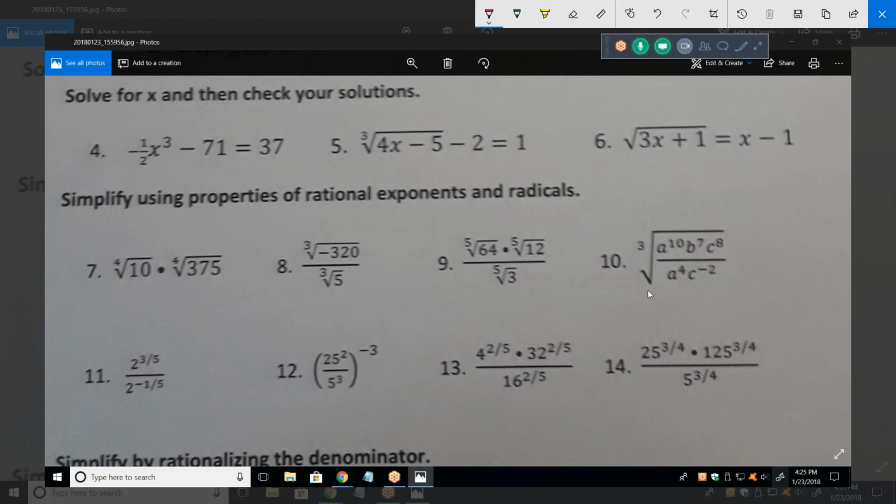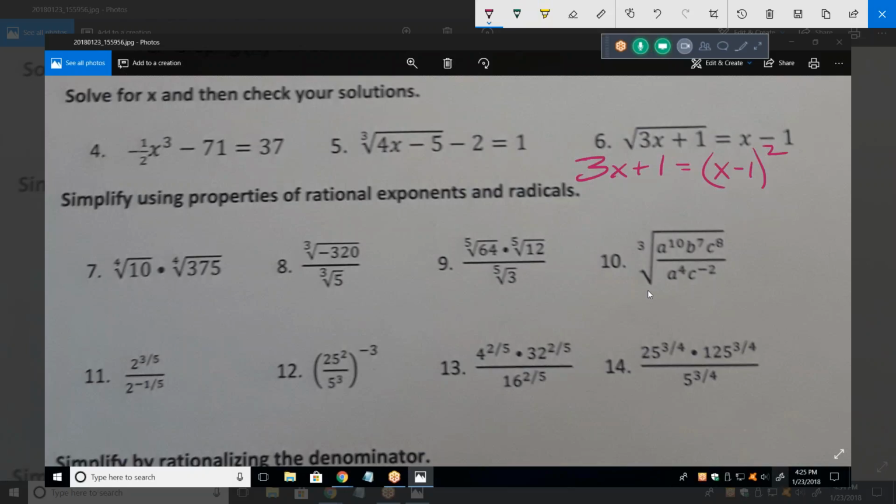Now tell me what the next line is. 3x plus 1 equals, in parentheses, x minus 1 squared. Go ahead and do that. In other words, you're right. That's exactly what it is. But now I got to do the next line. And the next line is getting rid of those parentheses.